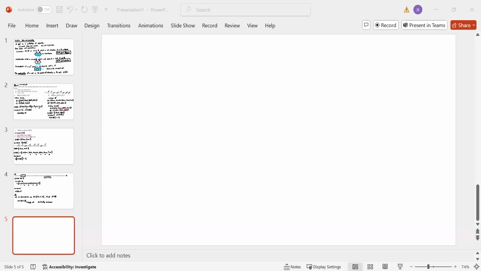All right, so the other big topic related to 7.1 and 7.2 was the principle of inclusion-exclusion. It has an abbreviation, PIE.